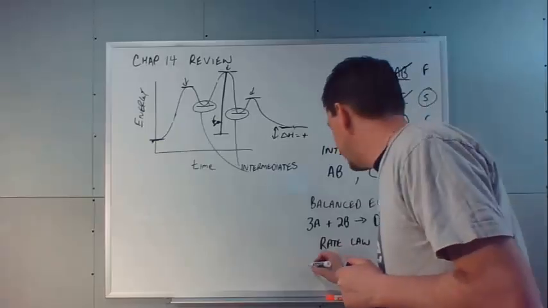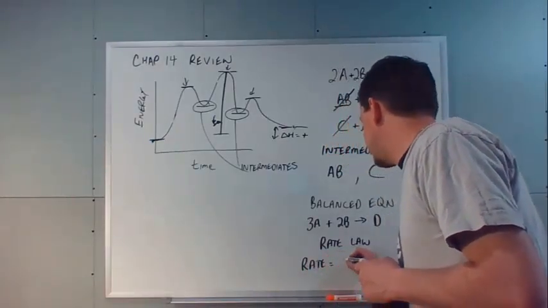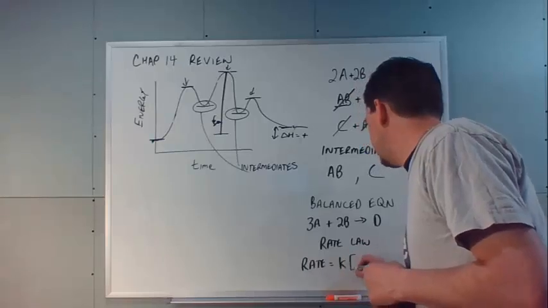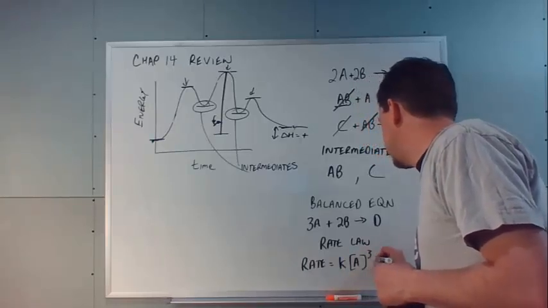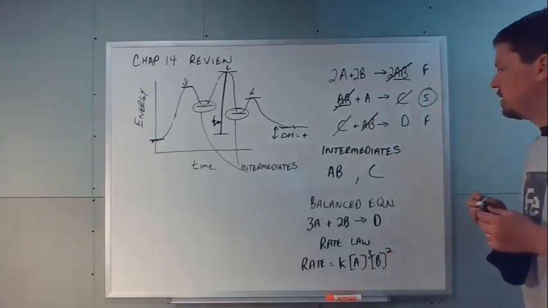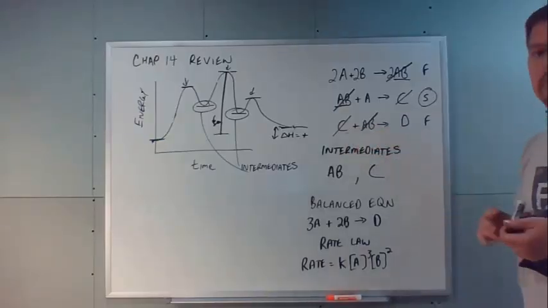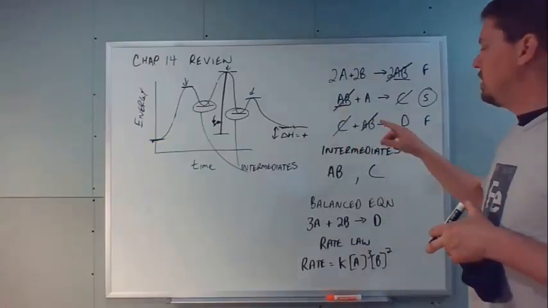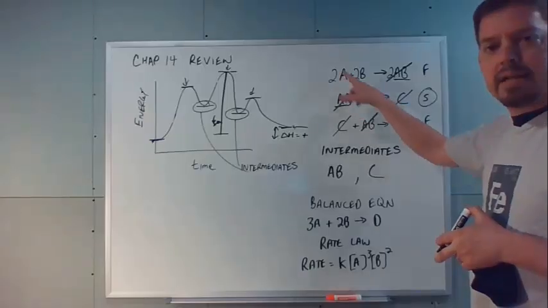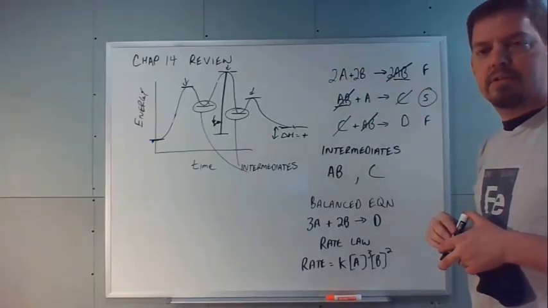So my rate law in this case would actually be equal to my balanced equation: k times A cubed B squared. Right? Because my last reaction was all intermediates, so it didn't matter that those were my reactants. My reactants were all up here. It was necessary to get through the slow step to use all of that.